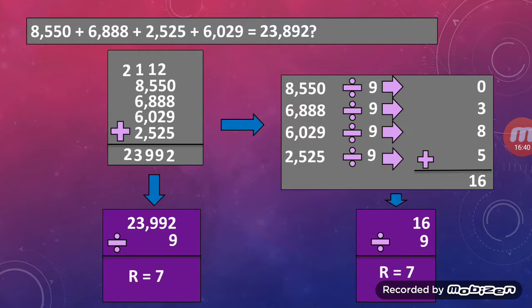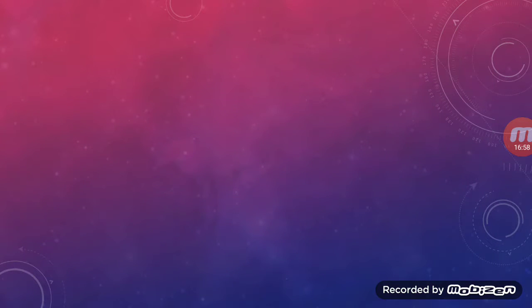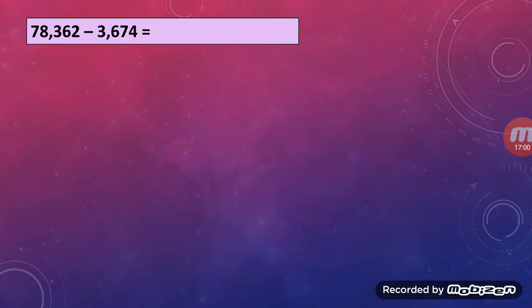And going up to check 23,892 divided by 9, we see the remainder is 6. Close, but no cigar. So, counting out nines yields us the correct answer of 23,992.